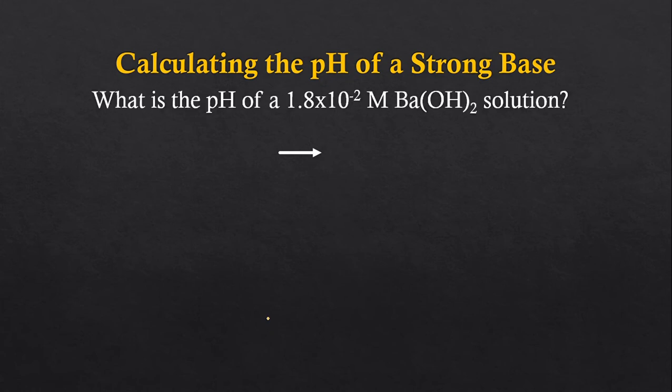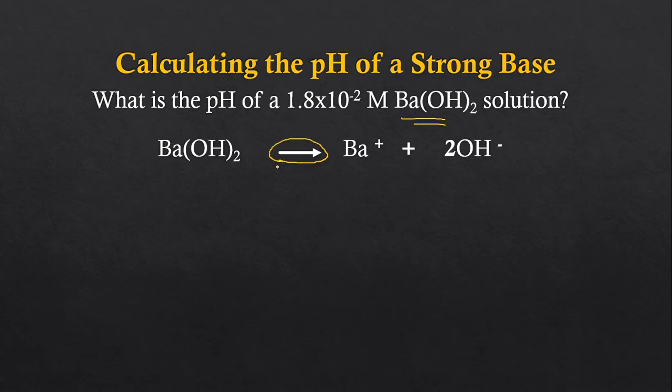Ganun din lang. Medyo madali lang siya, pero may additional step lang tayo na gagawin. So, example natin is, what is the pH of a 1.8 times 10 to the negative 2 molar barium hydroxide? So, barium hydroxide is also a strong base. Masasabi niya na strong base siya kapag irreversible din yung reaction.